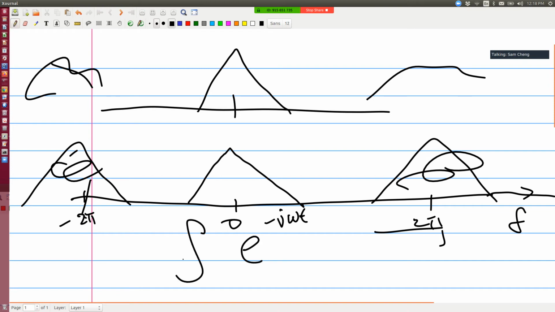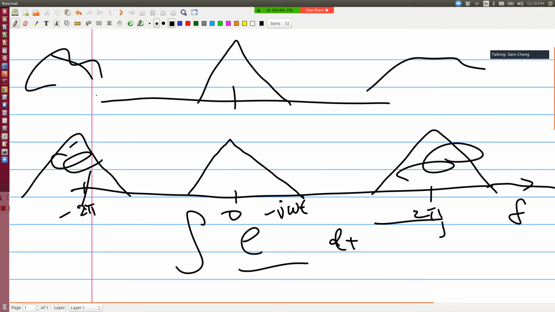Because the exponential function is repeating, if I have omega 2 pi more, it will just repeat itself. So if I have a continuous function and then I sample, I get the frequency band repeating like this.